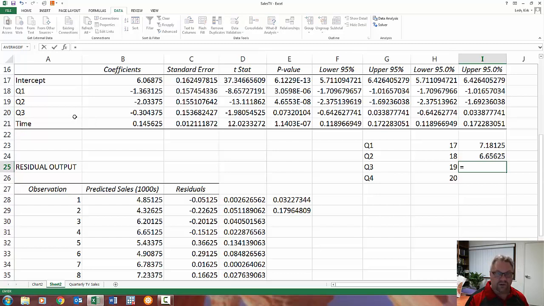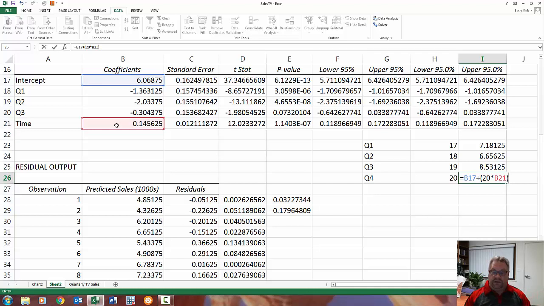And then Q3 is going to be my intercept plus 1 times my quarter 3 dummy variable plus 19 times my time variable. Right? Now here for Q4, it's just going to be my intercept plus 20 times my time variable.